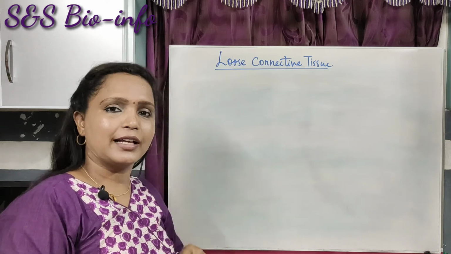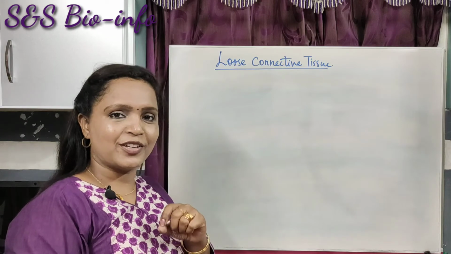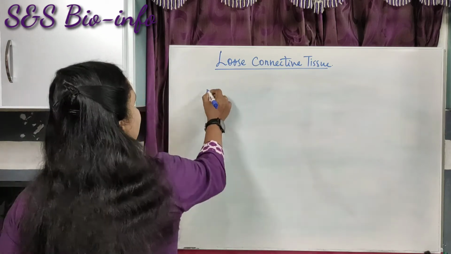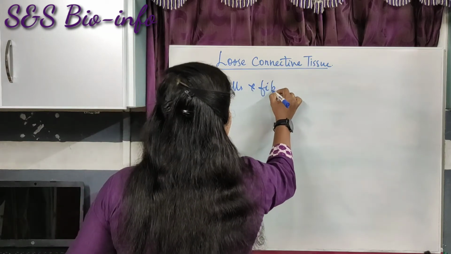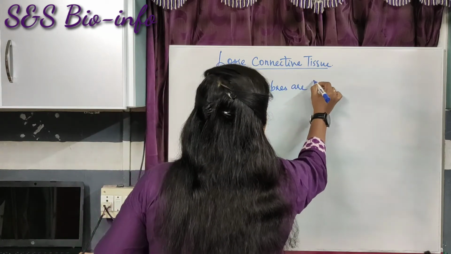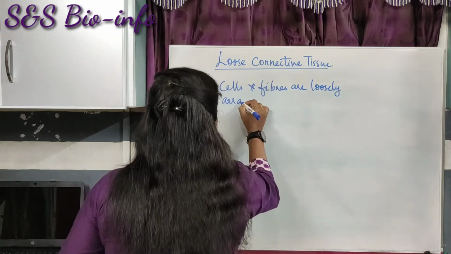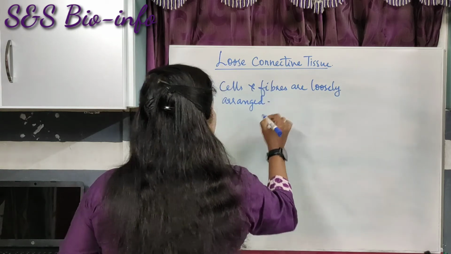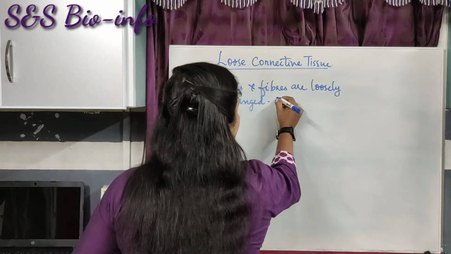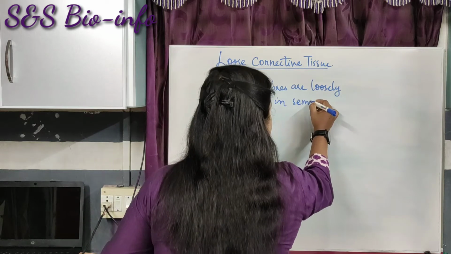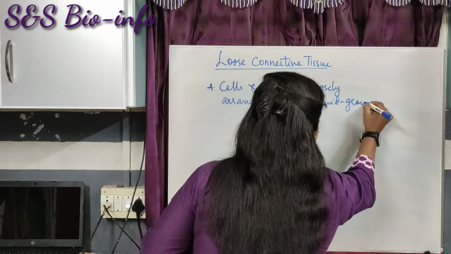In this type of connective tissue, the cells and fibers are loosely arranged in the matrix. The matrix is semi-fluid in nature. So, they are arranged in semi-fluid ground matrix.